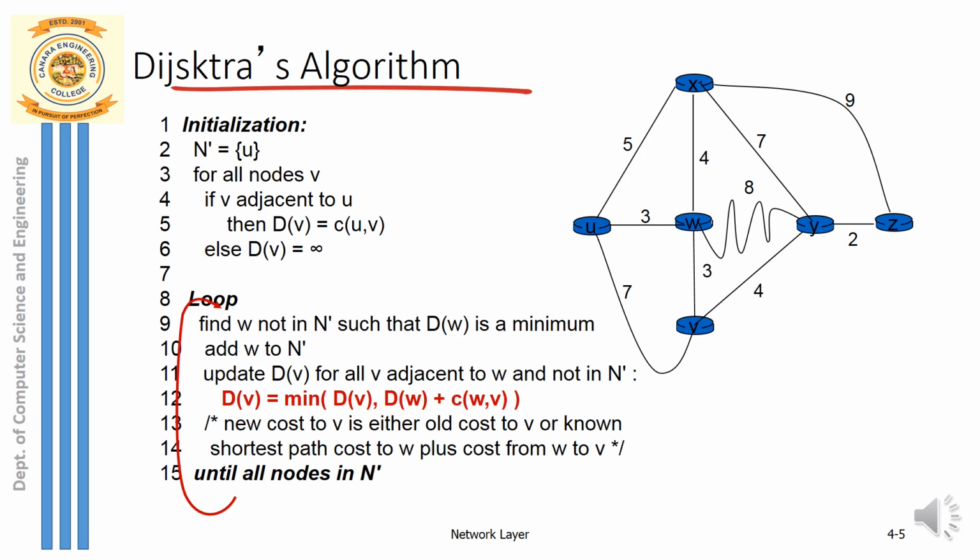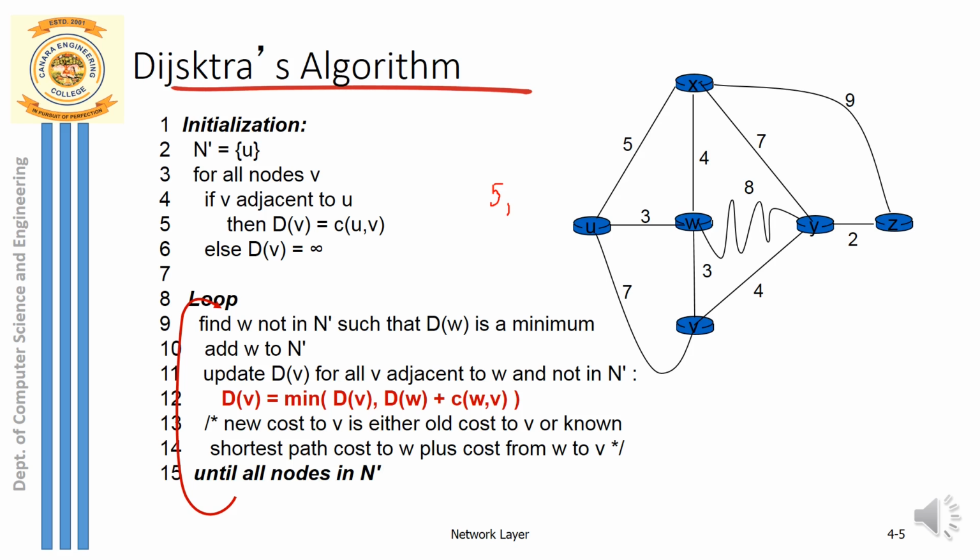So how do I calculate it? First you find out the direct distance from u to v. The direct distance from u to x we have already updated in our step 0. So what was that u to x distance? That was 5. Now that distance 5 I need to compare with the distance w.